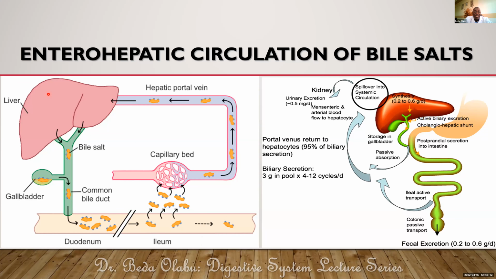The point here is that the body requires these bile salts for digestion and absorption of fat, and so they are usually recycled. This is the enterohepatic circulation. So it's about the return of bile salts back. We can interchange the term bile salt with bile acids. You use the term bile acids when you are referring to the acidic components of them.